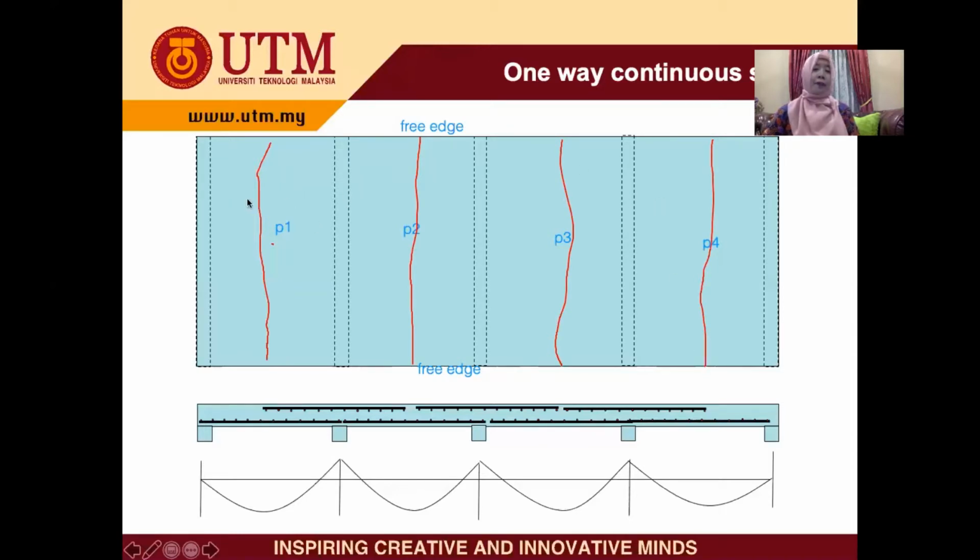Therefore, in order to eliminate the crack, what we need to do is put the steel in this direction, and also this direction. Therefore, this is when we design.